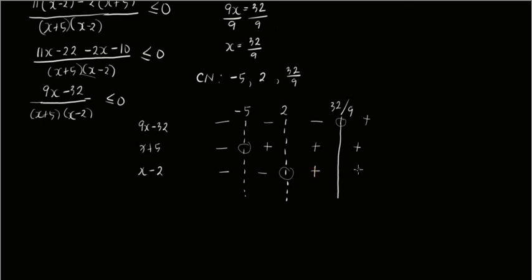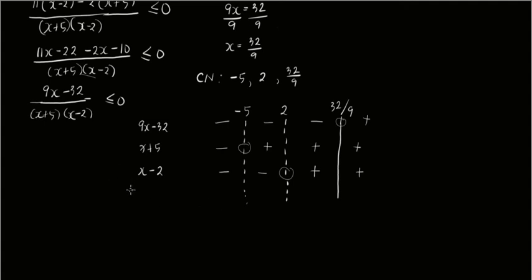We have plus, plus. Okay? Now, since this is one single expression divided by the product, we have negative divided by negative times negative. This will become positive. So negative over positive, it's negative.